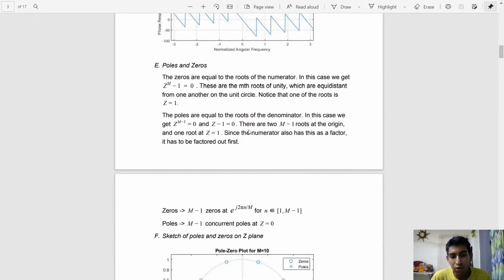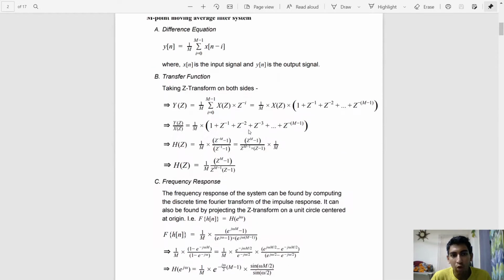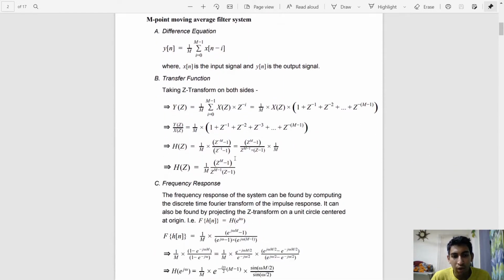The poles and zeros of this system can be found from the transfer function we found here. The zeros of this transfer function can be found by finding the roots of the numerator, and the poles can be found by getting the roots of the denominator. We equate the numerator to 0, and we get z to the m minus 1 equal to 0, and we solve this.